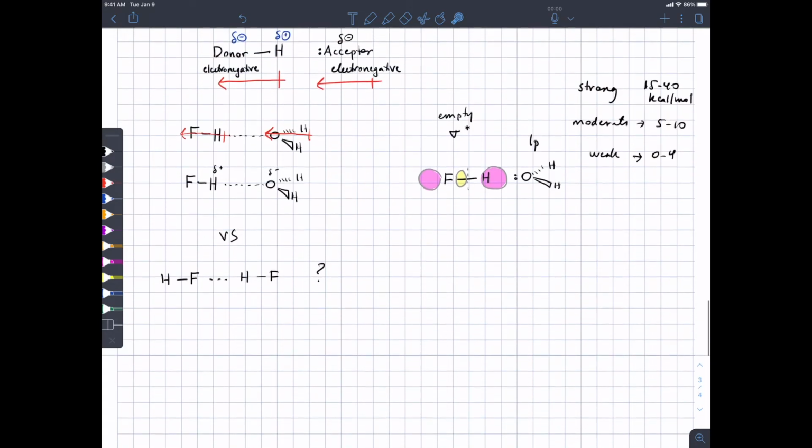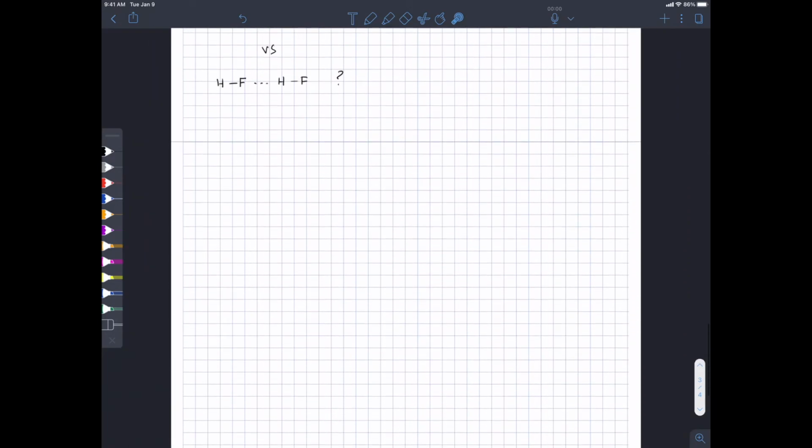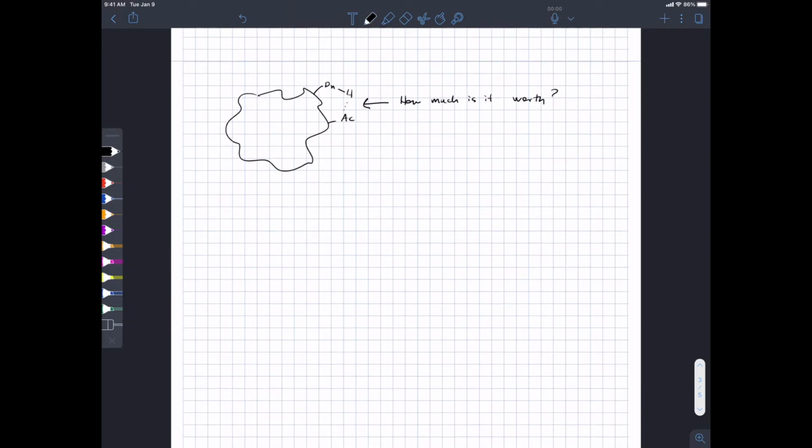If it's a protein, let's just imagine this situation. Here's our protein, and here is your hydrogen bond donor, and here is a hydrogen bond acceptor, and you want to know how much is it worth. Maybe you have a crystal structure so you know that they're hydrogen bonding with each other, but you have to consider what your alternative is.